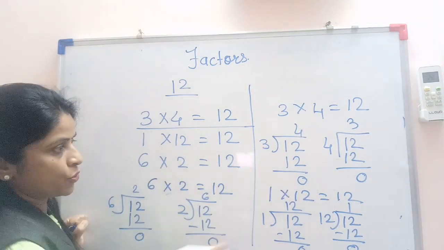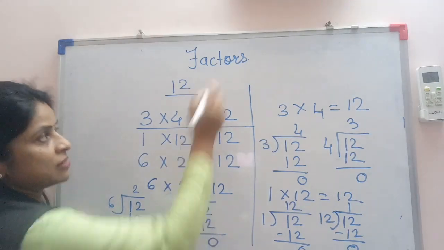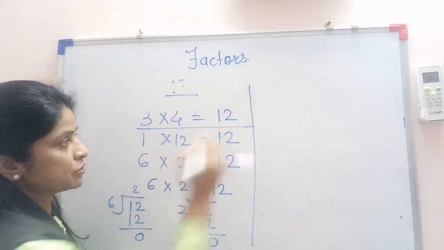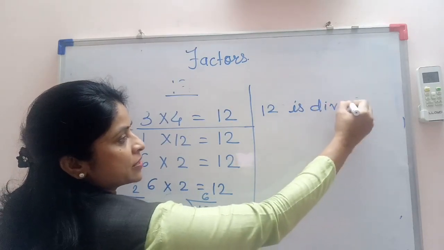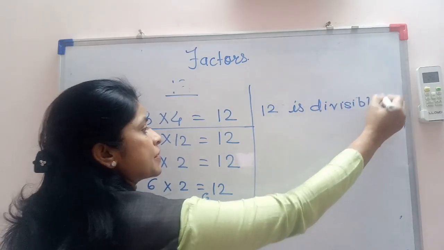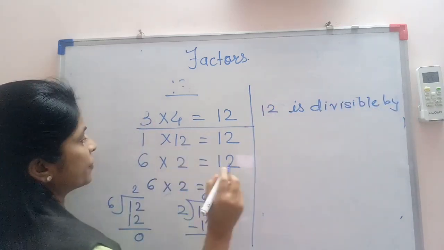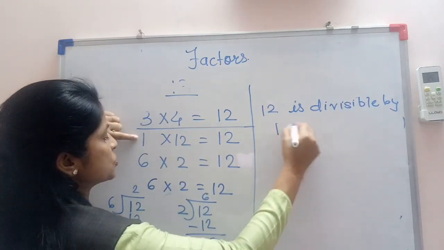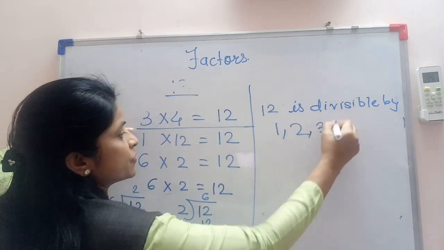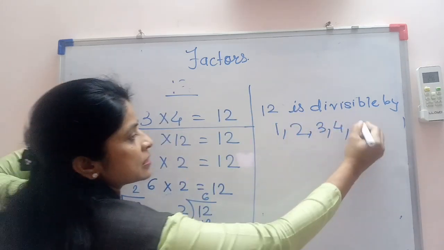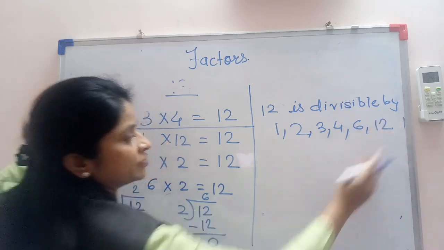Now we come to know here that 12 is divisible by 1, 2, 3, 4, 6 and 12.